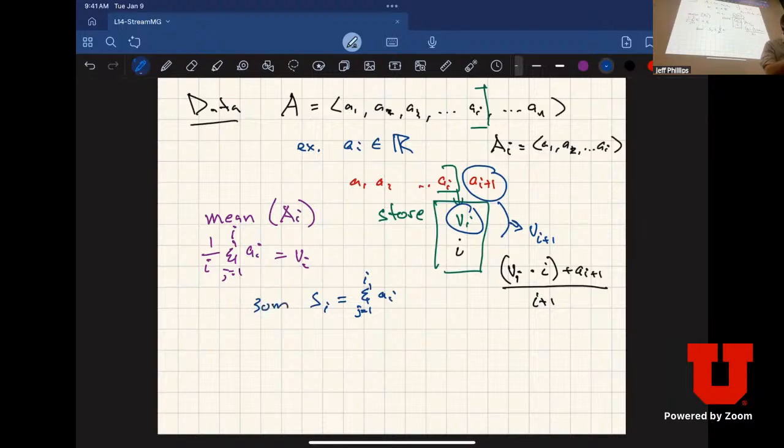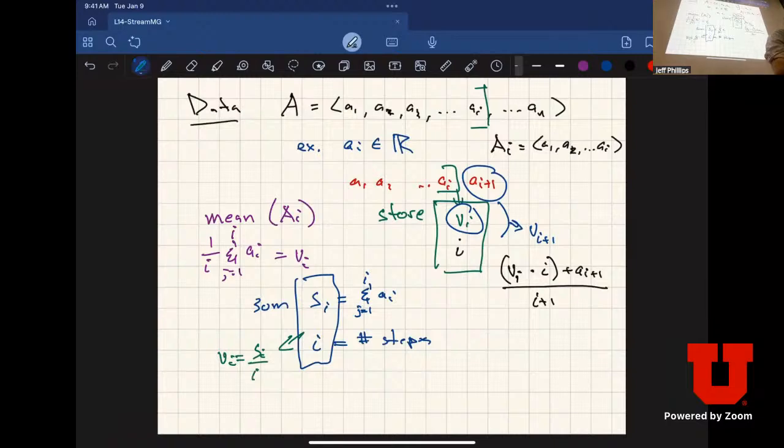So I'm going to store the sum instead, and I'm going to store i, which is just the number of steps. I'm going to store this in my memory, and then I can always output vi equals Si divided by i.